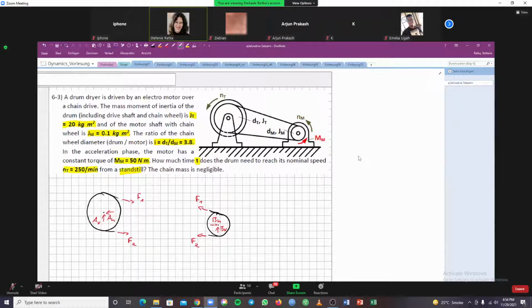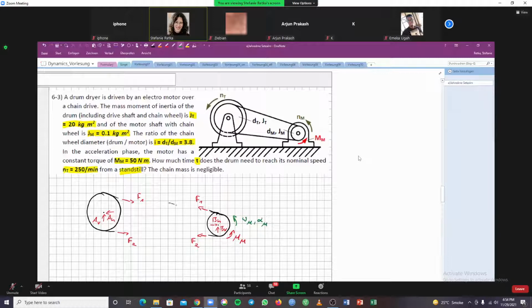Now, before we can include the inertial moment, we have to consider the motion. Now, the torque of the motor is given with this direction. Then we do know the direction of rotation, the direction of motion of the system. This would be the angular velocity and angular acceleration of the motor.